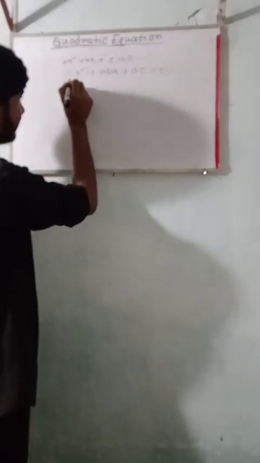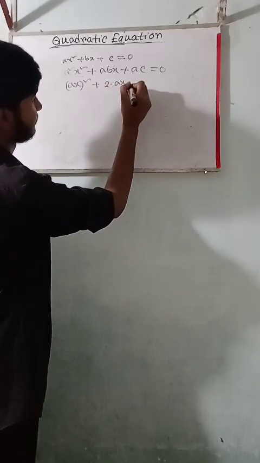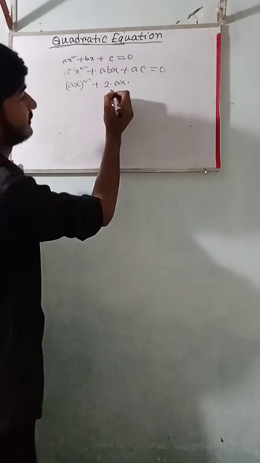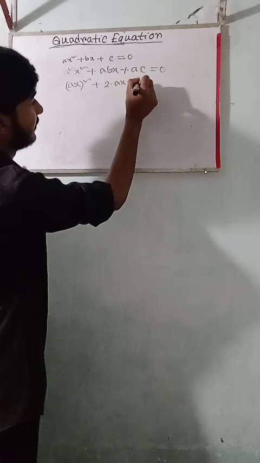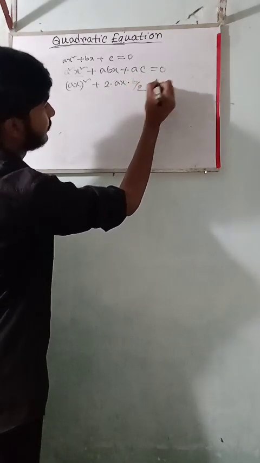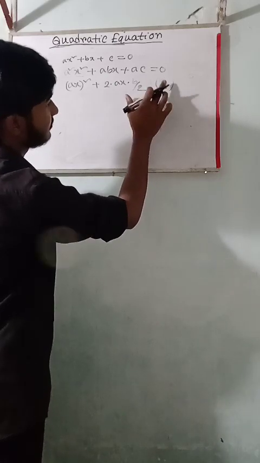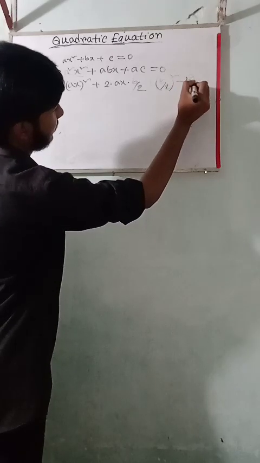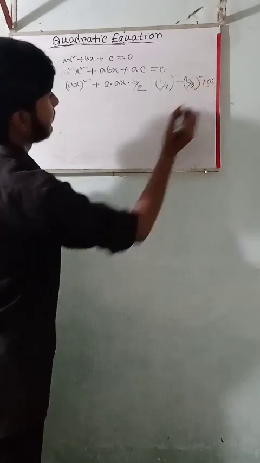If we make it a perfect square, then we can write (ax)² + 2 × ax, but we have taken this 2 extra, so we have to balance it by dividing by 2: b/2 + (b/2)². But we have taken this (b/2)² extra, and for reducing it, − (b/2)² + ac.